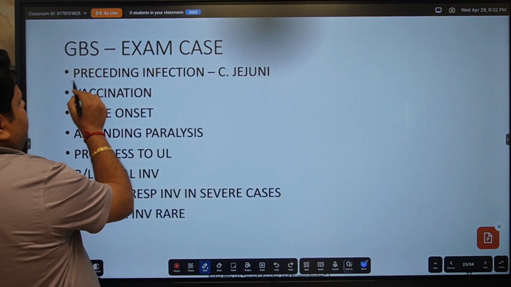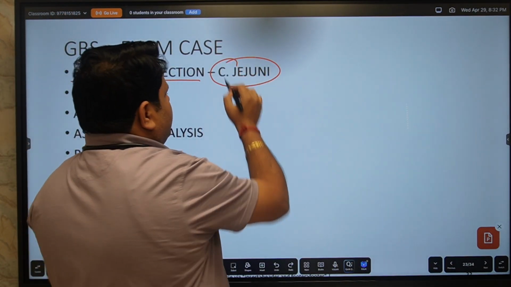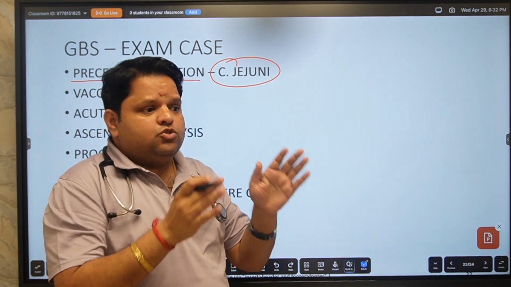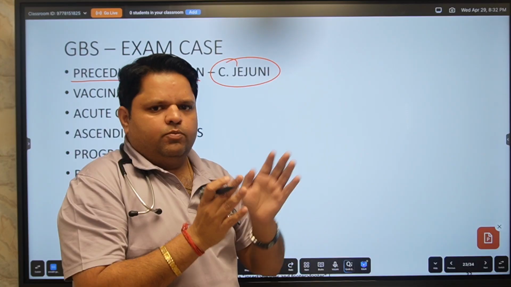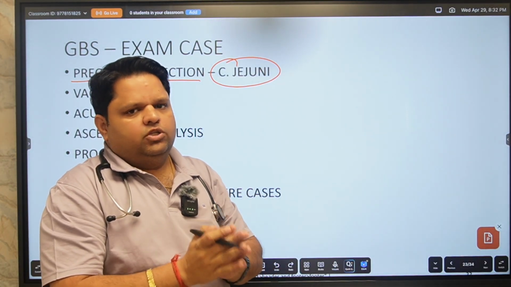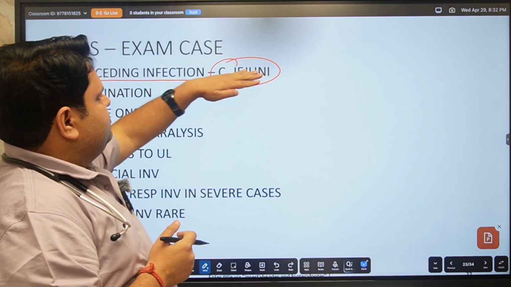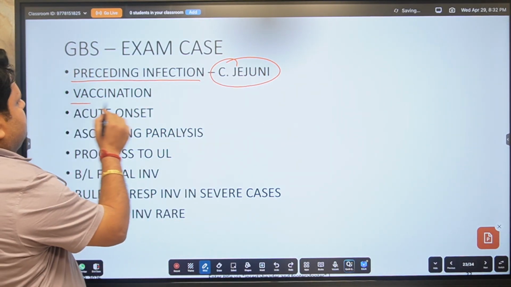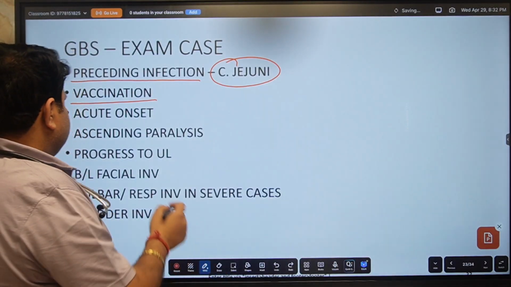In this, we may have a preceding infection like Campylobacter jejuni. We have a history of diarrhea or fever, which is usually present before the start of the paraparesis. If there is any fever at the onset of the paraparesis, this is not GBS. So preceding history of gastrointestinal infection like Campylobacter jejuni, history of vaccination may be seen in cases of GBS.